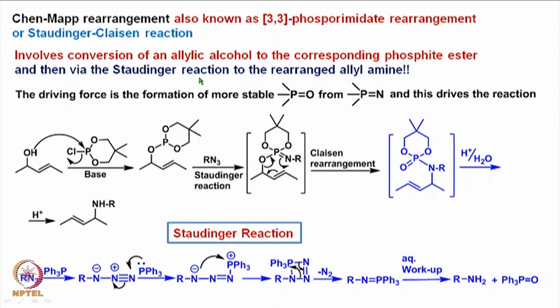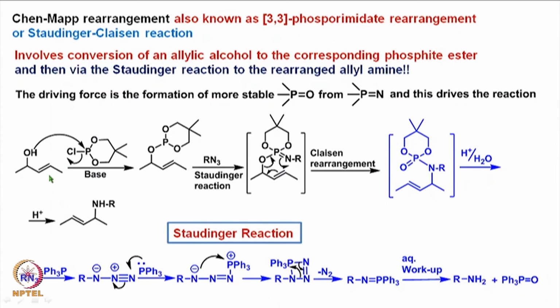It involves conversion of an allylic alcohol to the corresponding phosphite ester, and then via the Staudinger reaction to the rearranged allylamine. The driving force is the formation of the more stable phosphorus oxygen double bond from the phosphorus nitrogen double bond, and this drives the reaction. Let us take an example.